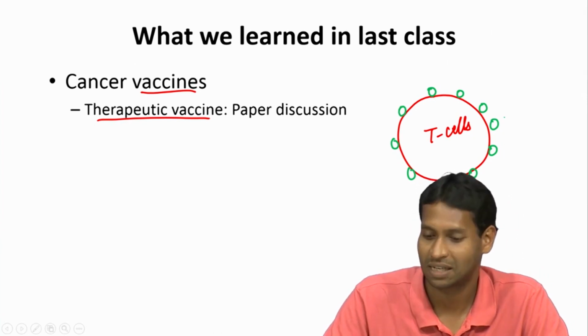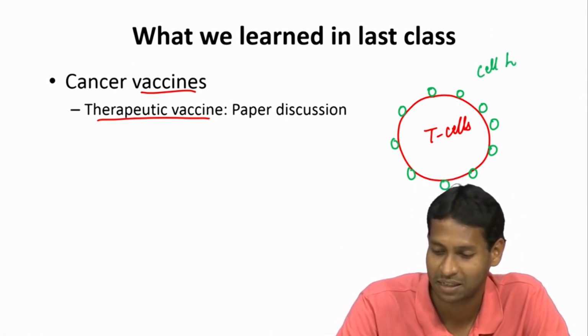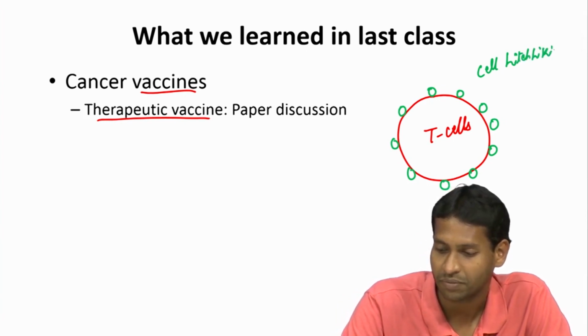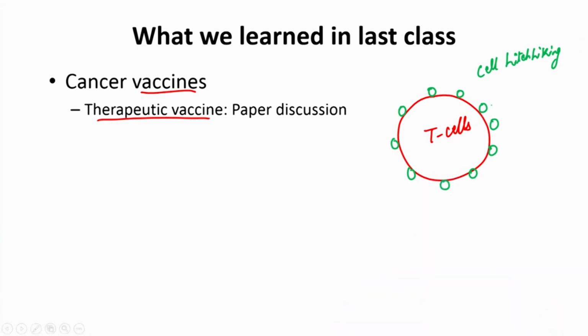This is nothing but cell hitchhiking, as we had already discussed quite a few classes back, in which the particles were tagged onto the cell membrane and the cells then took them wherever they were going, and these particles were carrying various kinds of molecules.